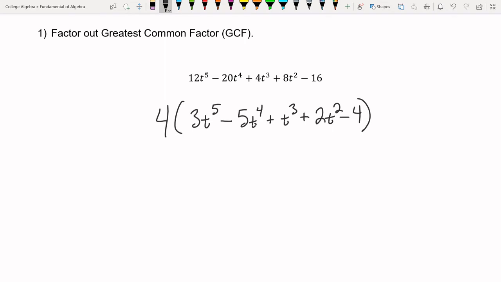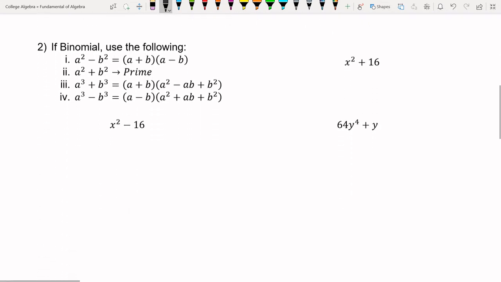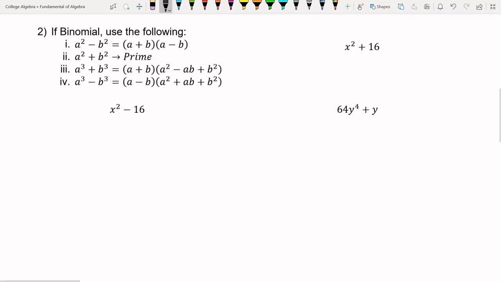Factor out the GCF. Next, if we have a binomial, we can use these 4 formulas to factor them down. The first one here is a difference of 2 squares. This is a sum of 2 squares, a sum of 2 cubes, and a difference of 2 cubes. And here I have some problems to try these out.